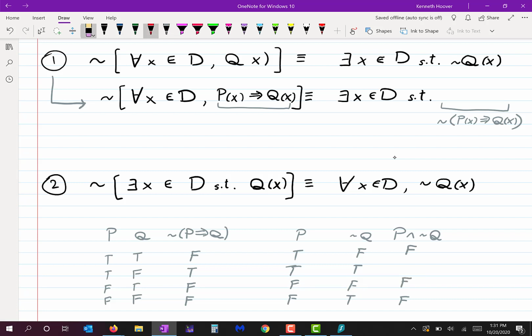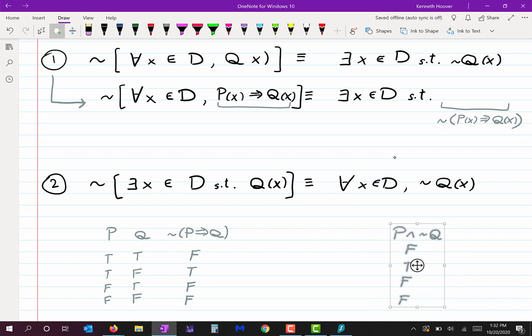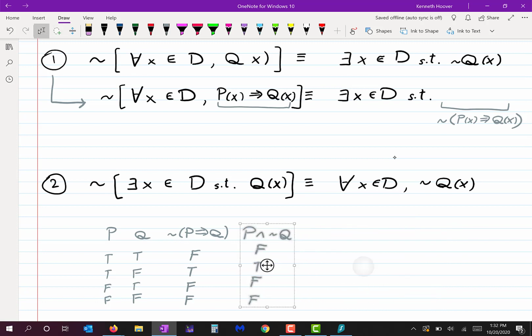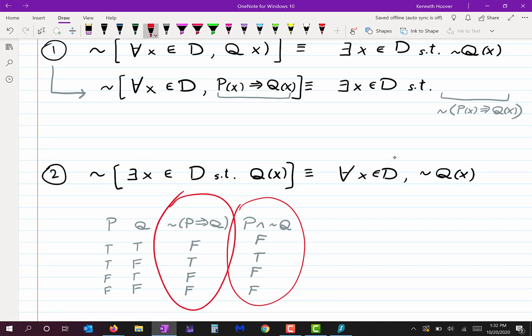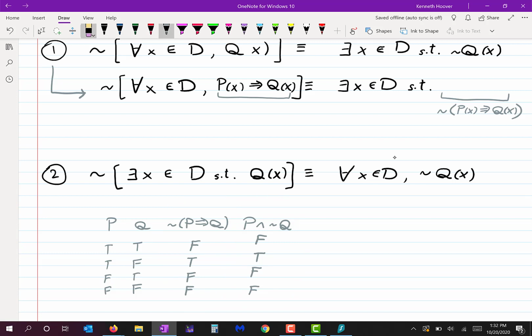But in the second row, we've got true and true, which means we get a true here. Now, isn't that exactly the same as this? It is, isn't it? So those two things are logically equivalent.